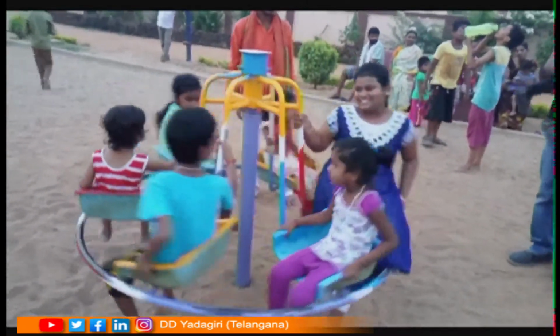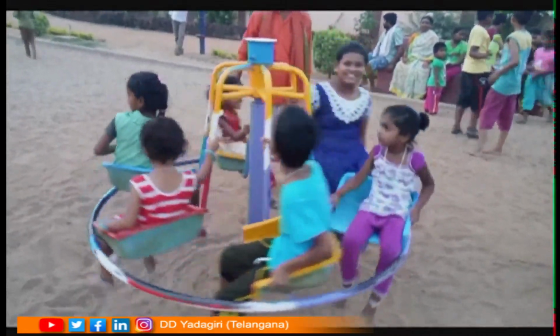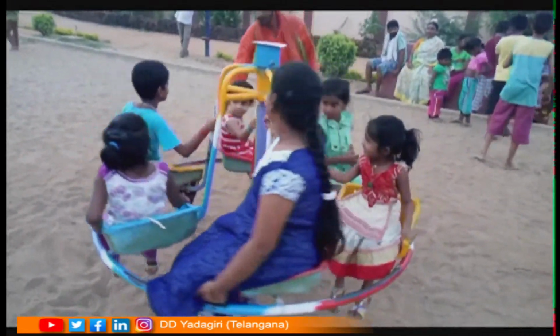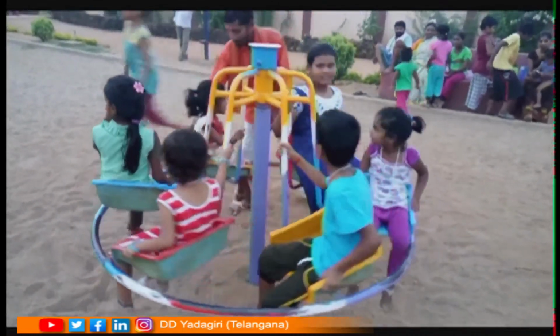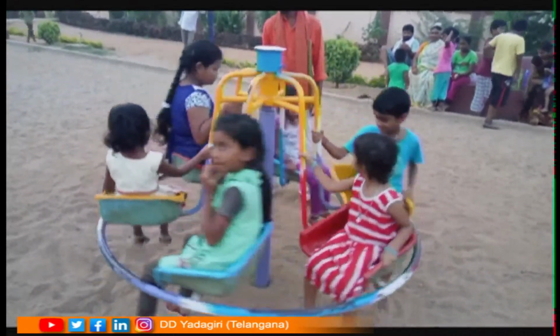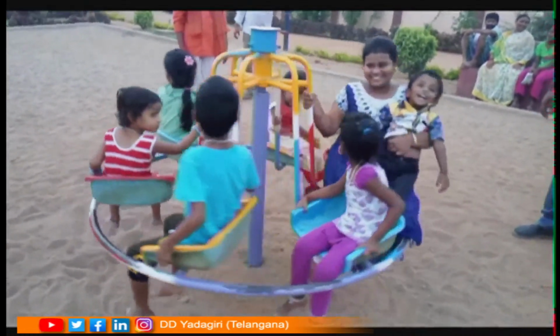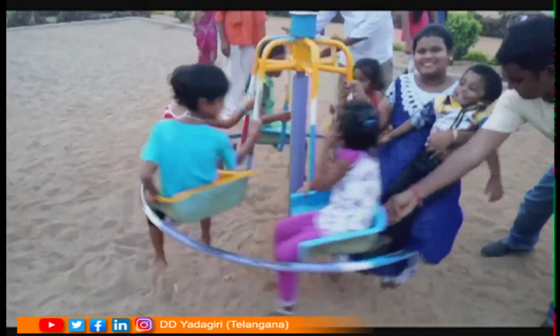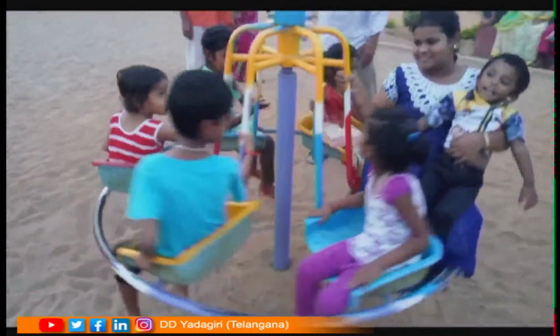Yes, what is it? What are you seeing? It is a park and the children are moving, and the children are looking very happy because they are able to rotate easily. A ball bearing is placed in the center axis and the children are able to move with a slight push.